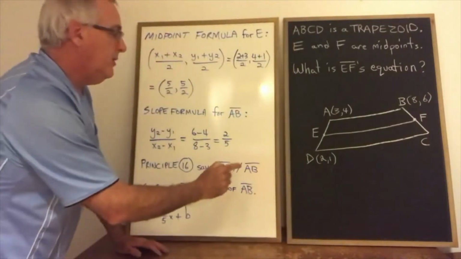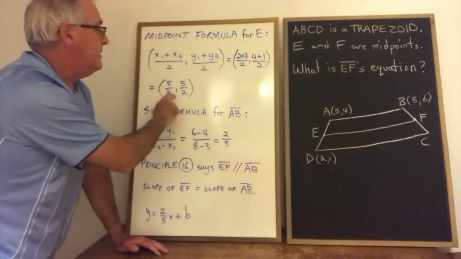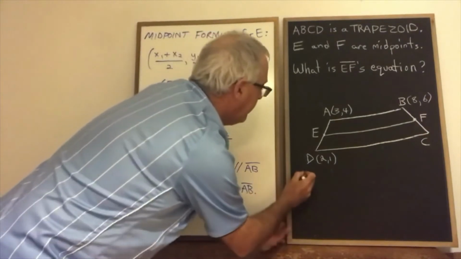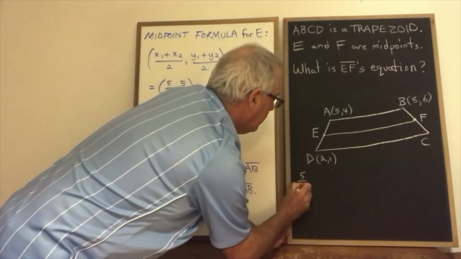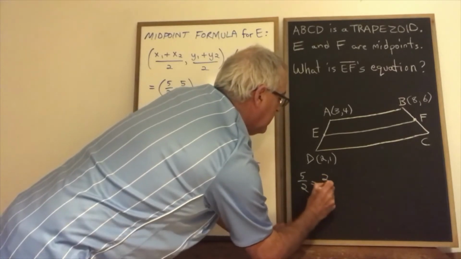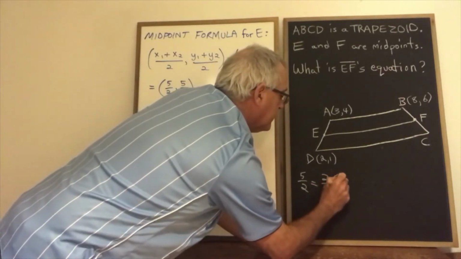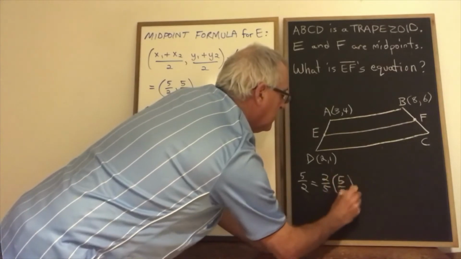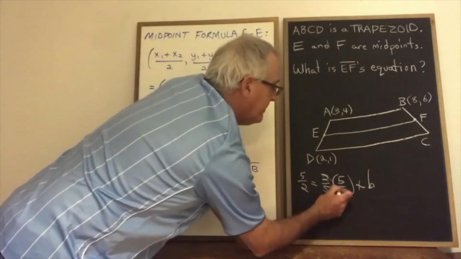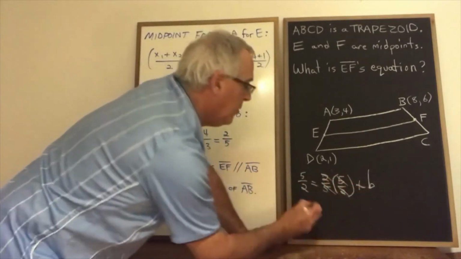Plugging the only point I know on EF, which is this one, into that form, we get 5/2 equals 2/5 times 5/2 plus b. Now b is our only unknown. The 2/5 and the 5/2 cancel into a 1.